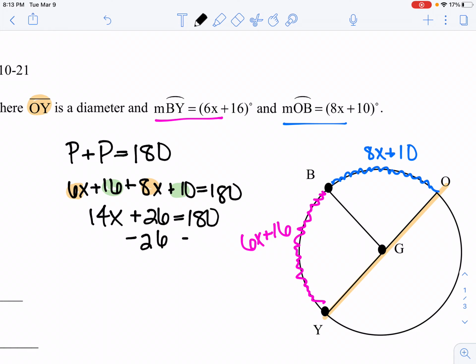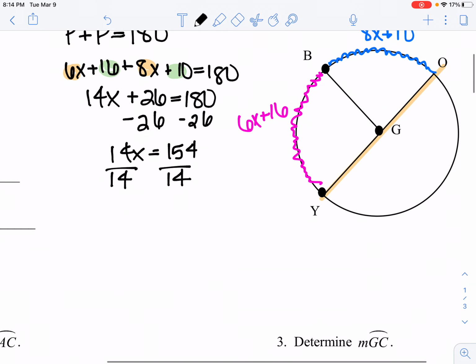Subtract 26 on both sides. You're left with 14x equals 154. Divide by 14 on both sides to get your x value. So x equals 11.